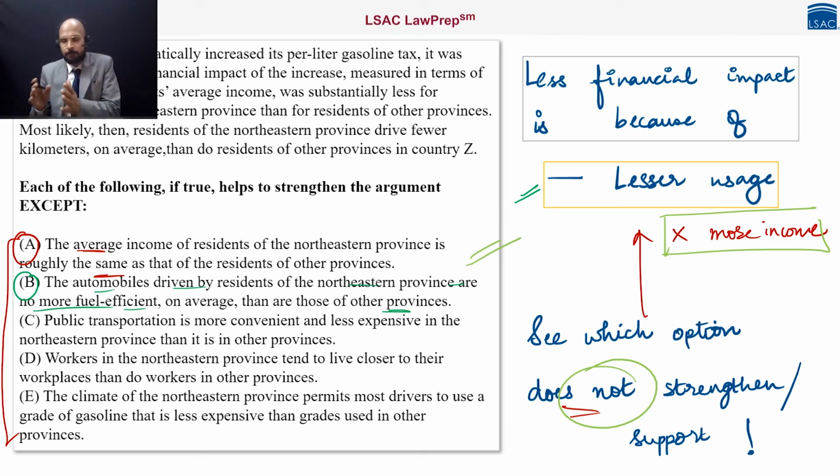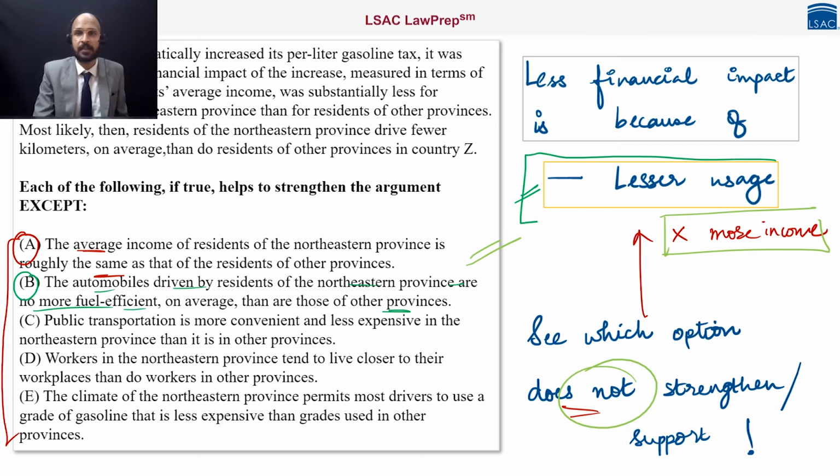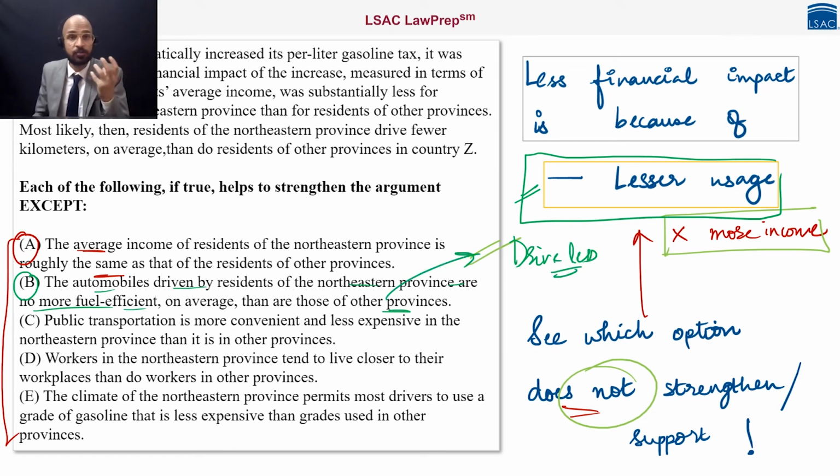Let's say both of the vehicles give you a mileage of 10 kilometers per liter, and you end up spending less. So you can see that you're spending less money because you're driving less, right? And that's what we saw as our conclusion, that they drive less. This was our conclusion, and this is supporting it. So B is also supporting.